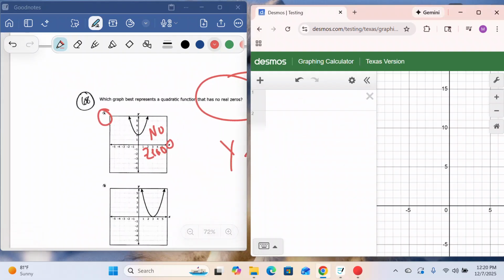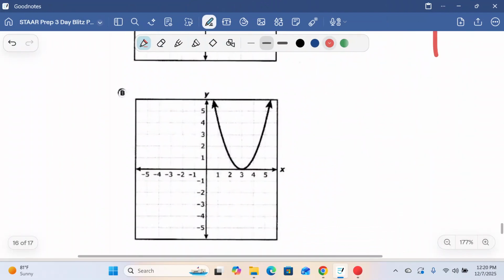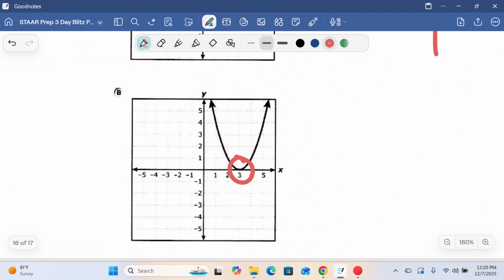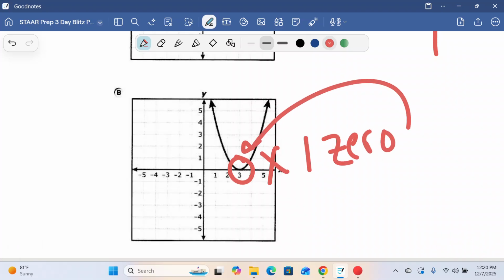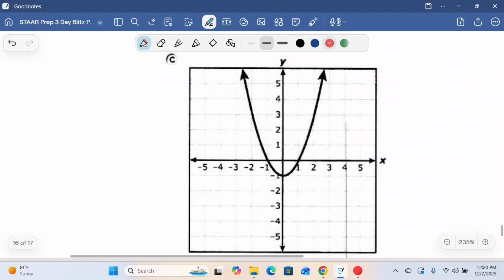If I look at my next one, does that one have no real zeros? That is false because it has 1 zero. This would be wrong if they would ask you which one has no zeros. This is the one that has 1 zero. If I look at this one, does it have no zeros?